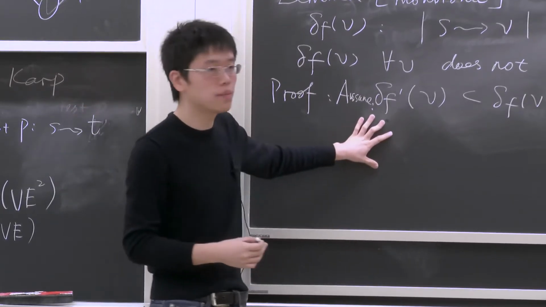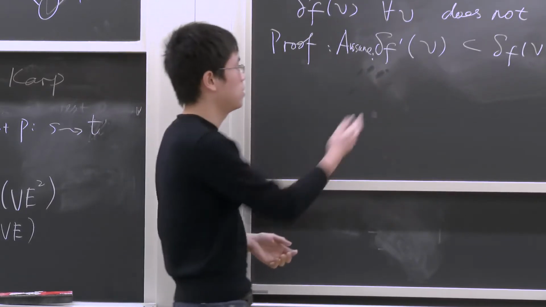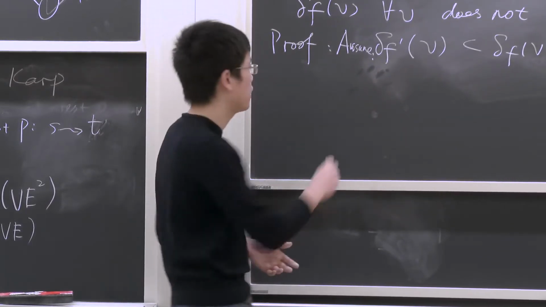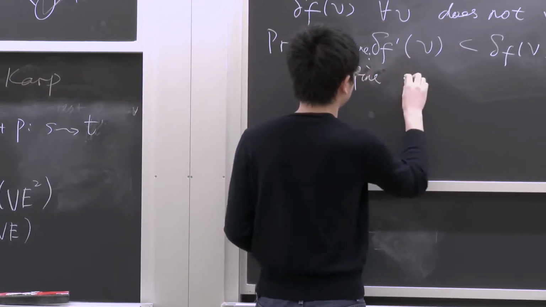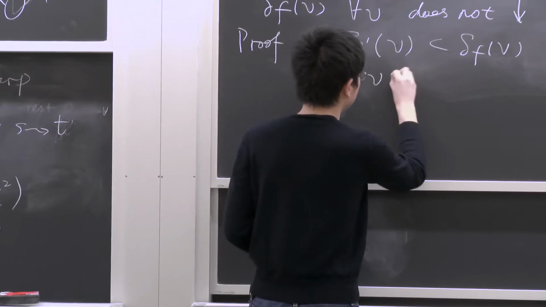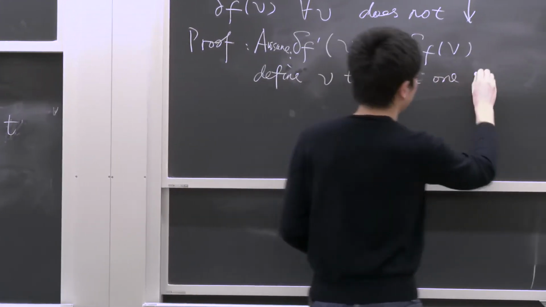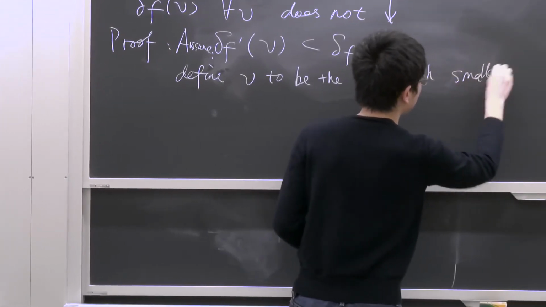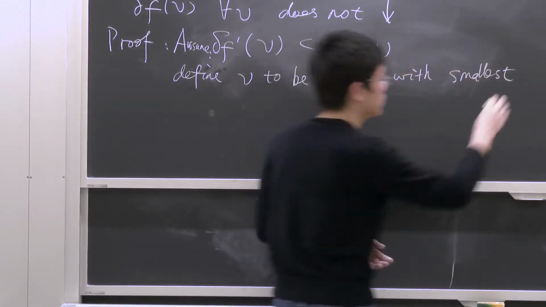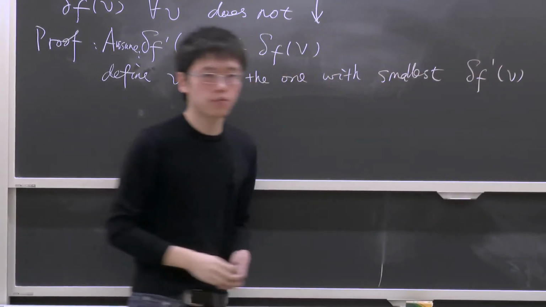But there may be many such vertices that drop. But if there is any, I'm going to define V to be the one with smallest delta in F prime.